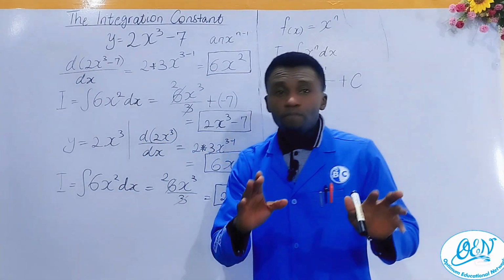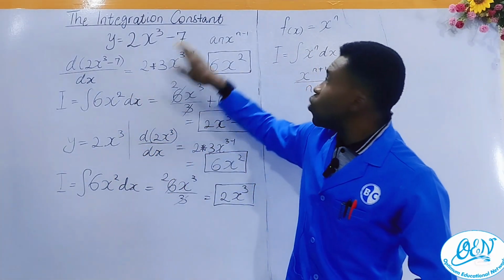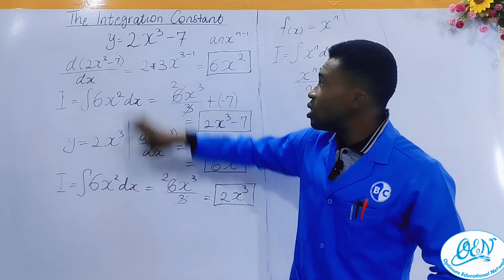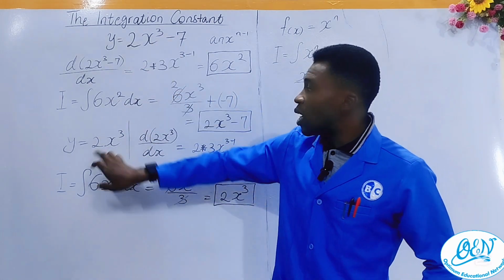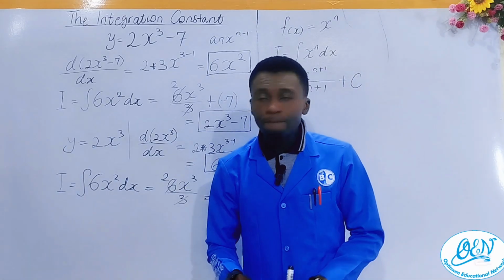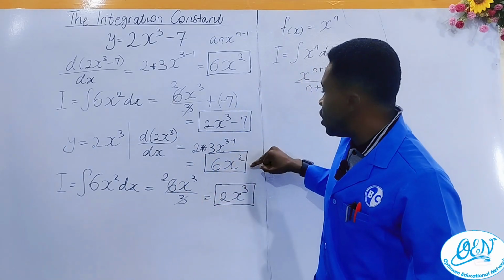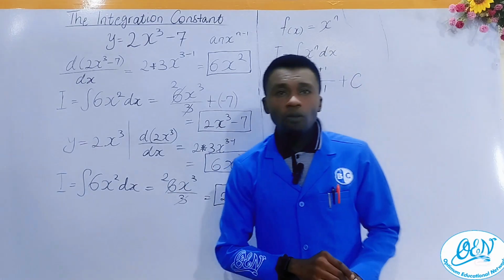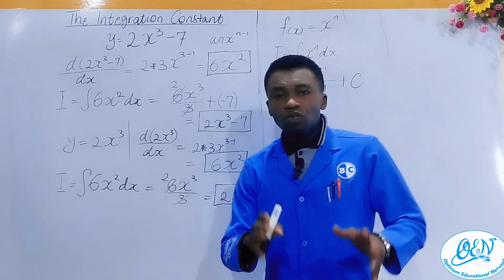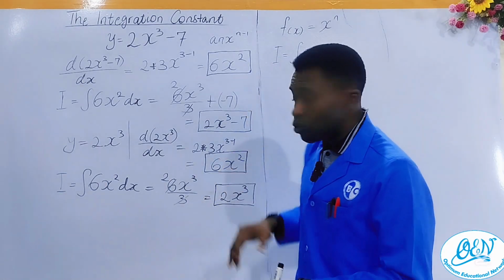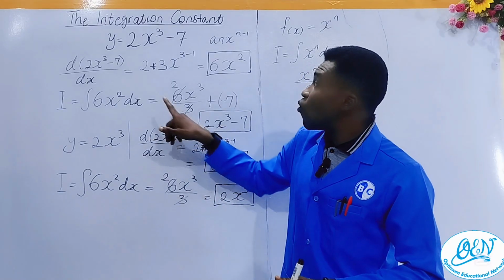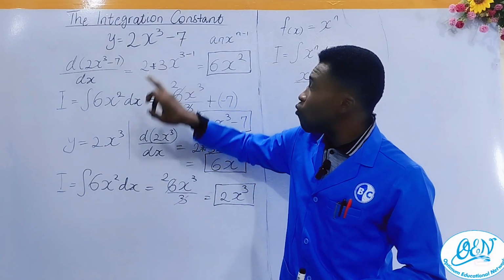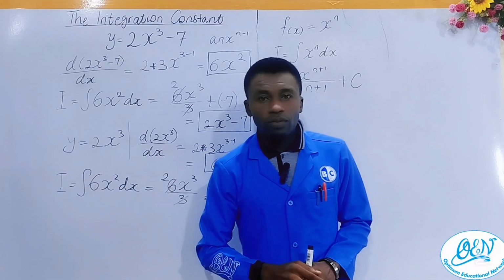From these two examples that we just did, you can see that while these two functions are completely different, their derivatives are identical. This is because during differentiation, whatever trace of any constant in the original function gets lost.